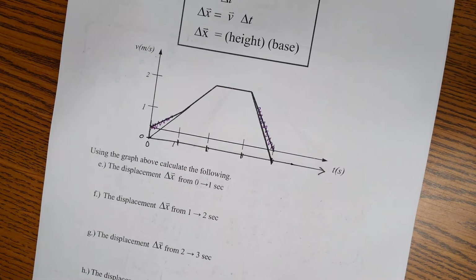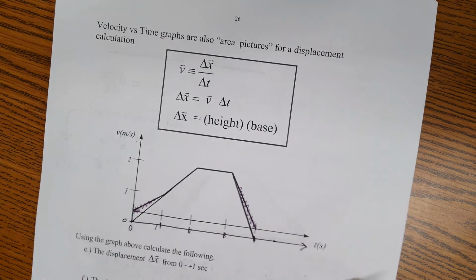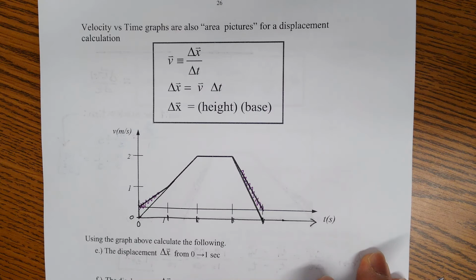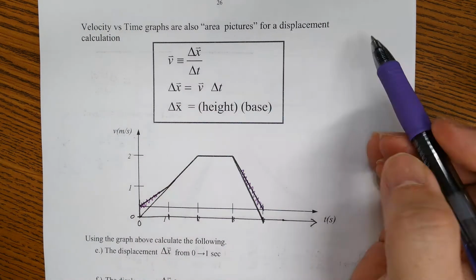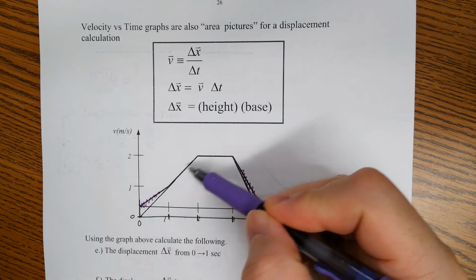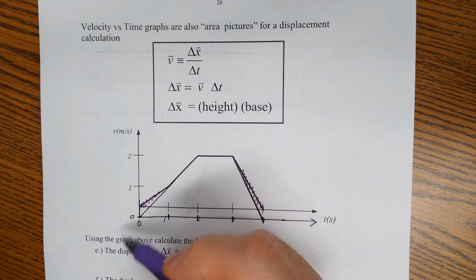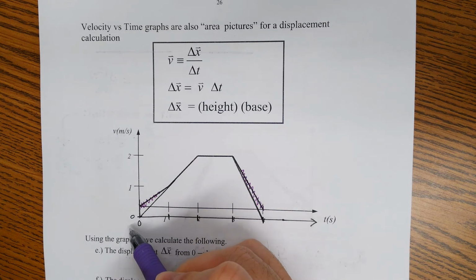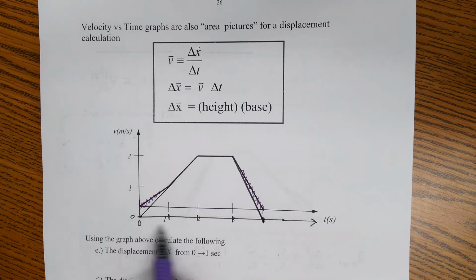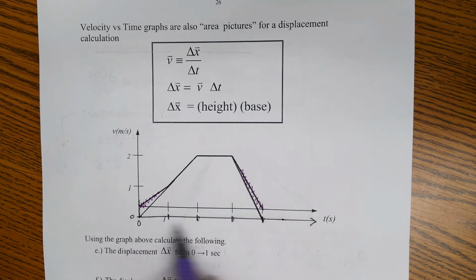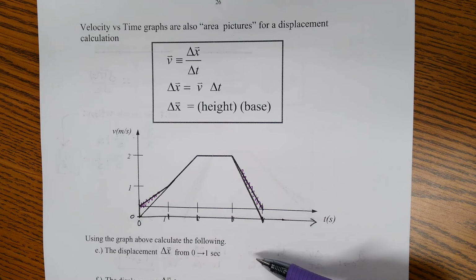So, what happens? Well, when we look at the velocity versus time graph, right, the area of this velocity versus time graph, now the area has to be between your velocity graph and your time axis. Your time axis has to be the border for either the velocity being positive or negative, right?